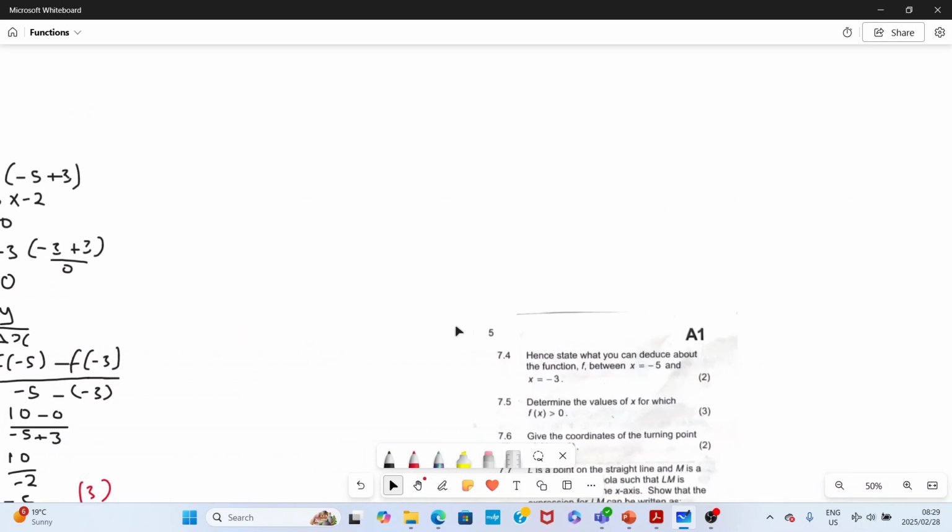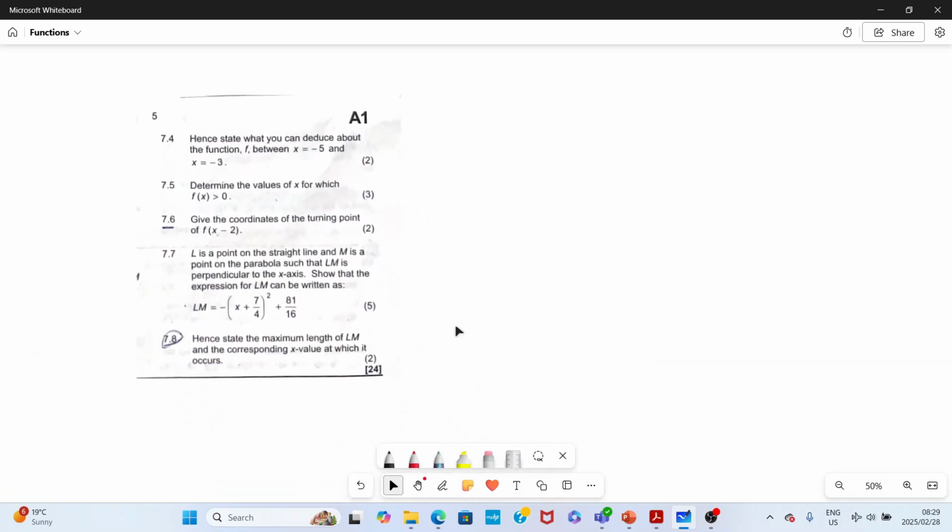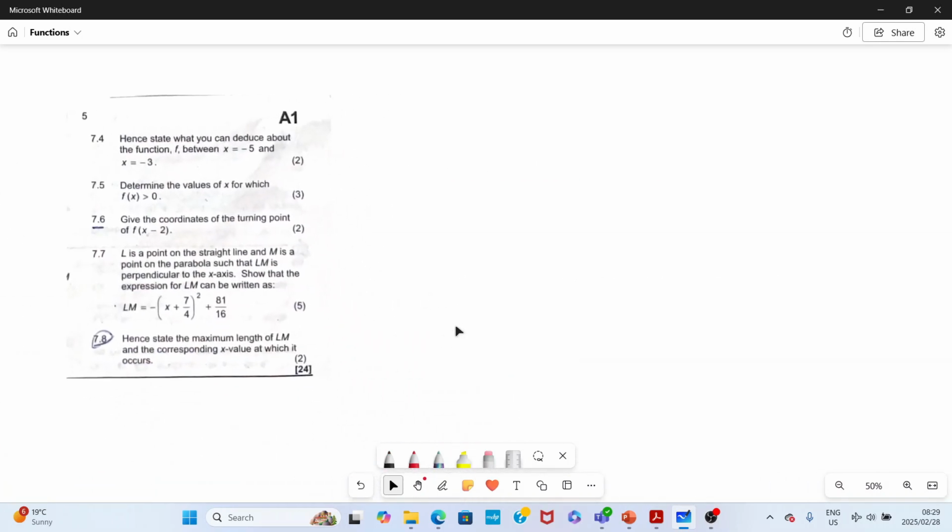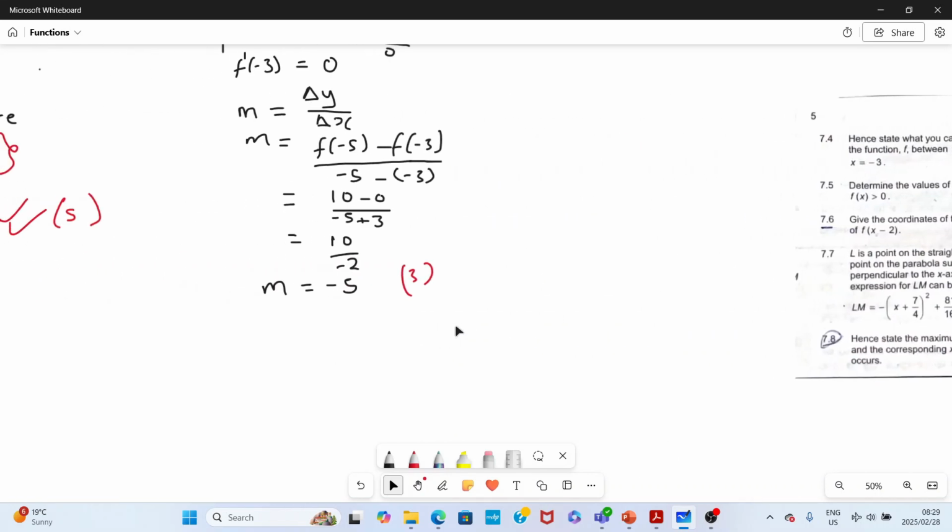All right. So 7.4 says, hence, what can you deduce about the function f between x equal to -5 and x equal to -3? So let's just look at the function of f.